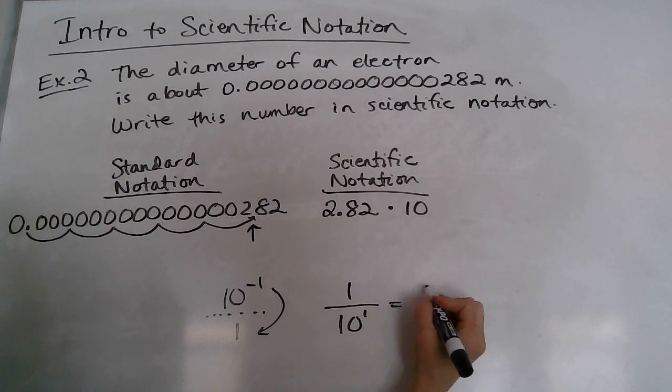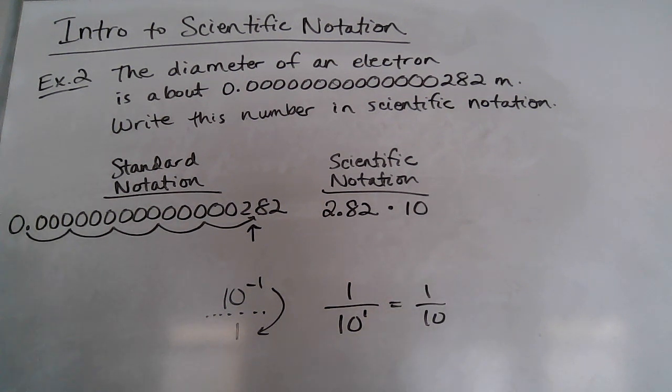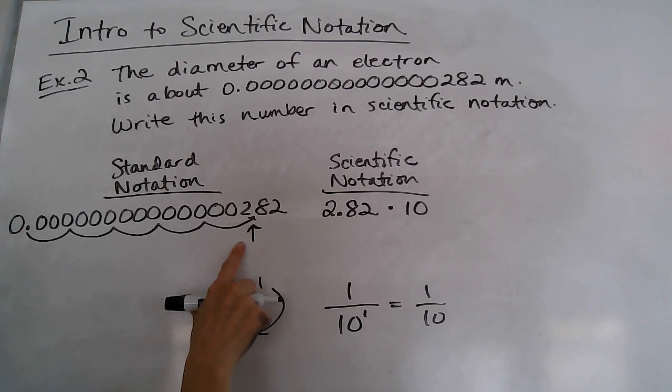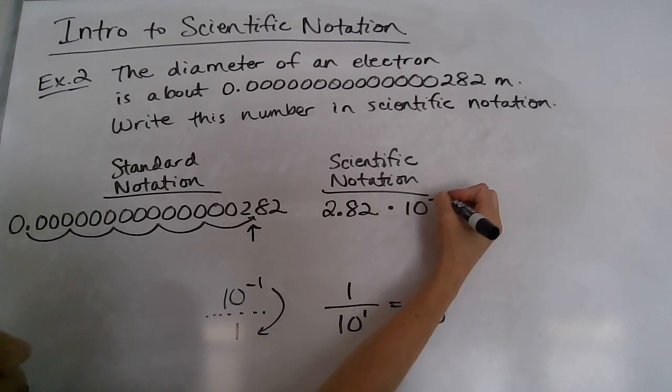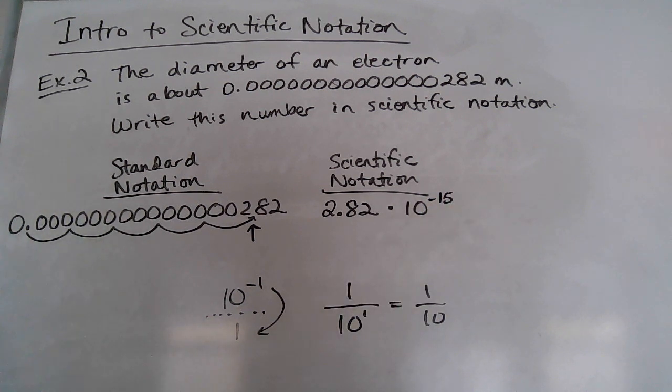And so that's just 1/10. That's a small number. If we have a negative 2, it becomes 1 over 10 to the second, which is 1/100th, and so on. So we're getting smaller and smaller. We moved this 15 places. It's a small number, so we use a negative 15 to represent how many places we move the decimal in the standard notation to create the scientific notation.